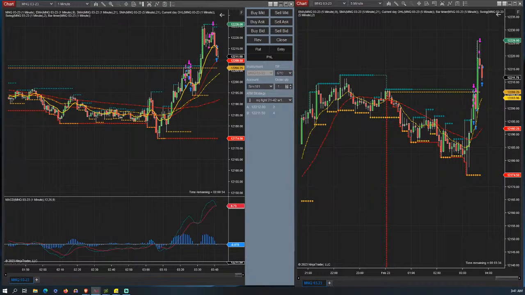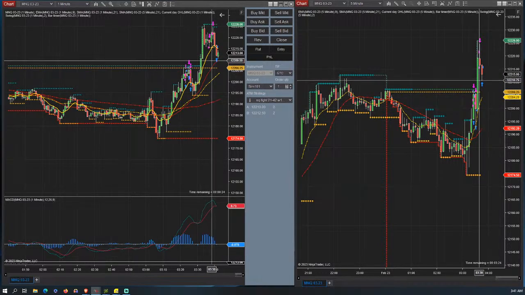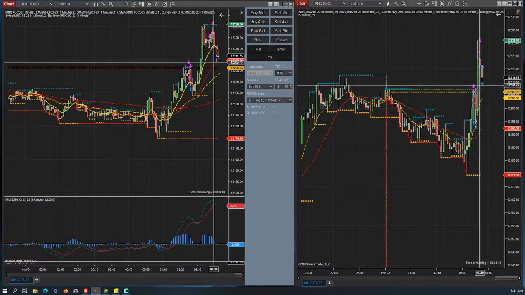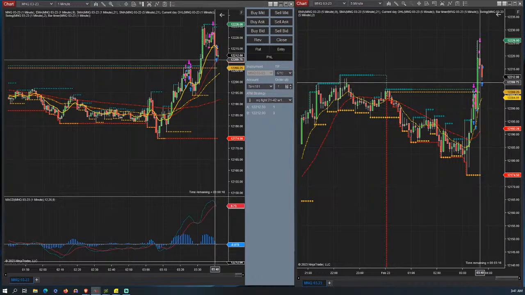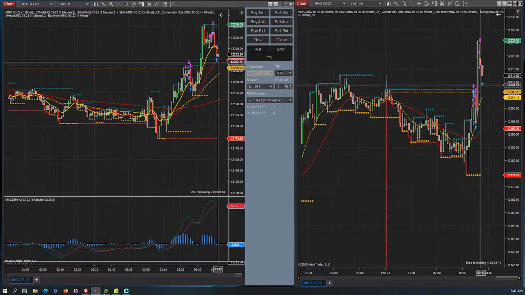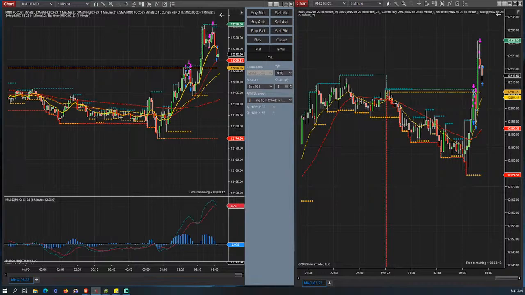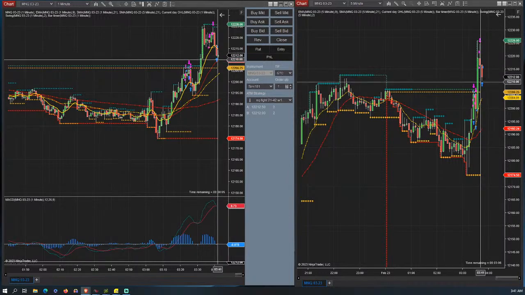I want to test out 31, 29, 20. Let's see, where is that? It's resistance right there. It's hitting the red line right here on the left side, the left chart. I don't know if it wants to break it yet.